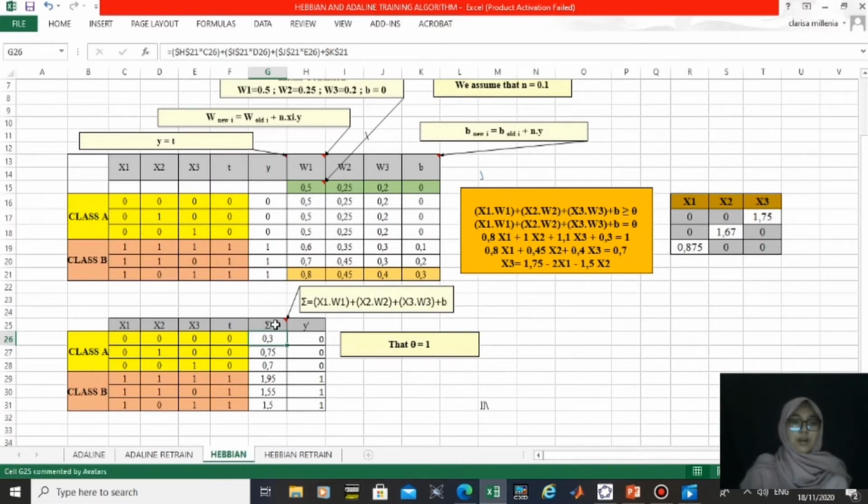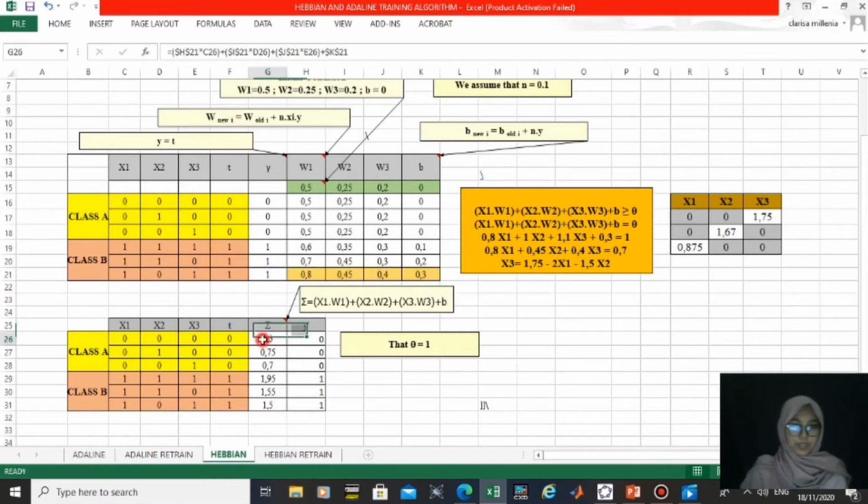In this case, we can get the value of the sum with this formula: sum equal to x1 times w1 plus x2 times w2 plus x3 times w3 plus bias. In this formula, for the values of w1, w2, w3 and bias, we use 0.8, 0.45, 0.4, and 0.3.